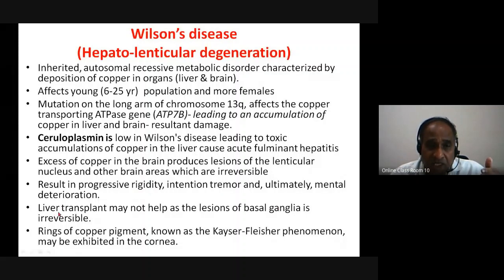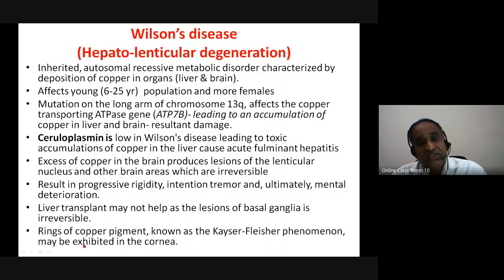Now, liver transplant has been attempted in such disease, and that helped as far as the metabolism is concerned. However, the basal ganglia disorders, which are produced earlier by the disease process, are irreversible. That means you cannot help him neurologically; metabolically, you can help him to reverse the liver functions.